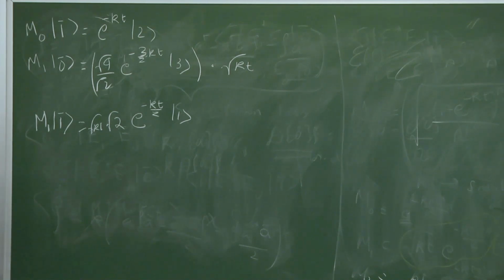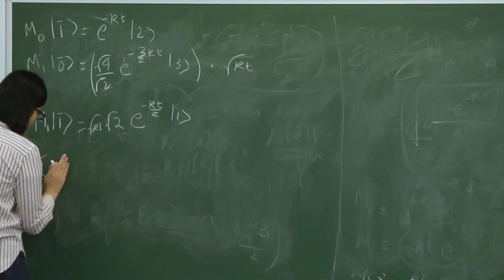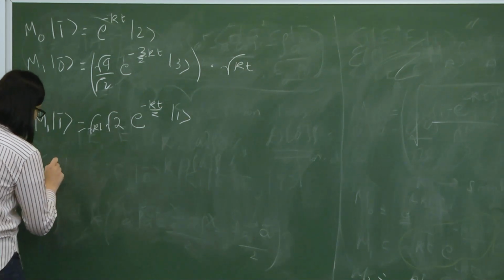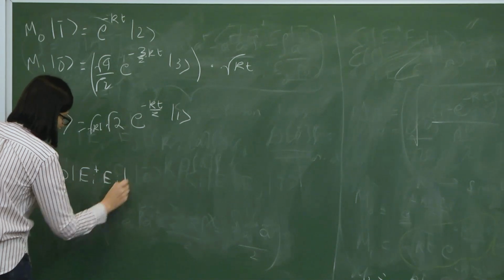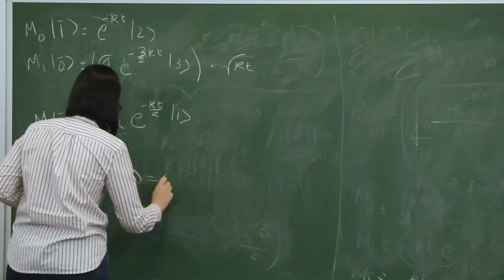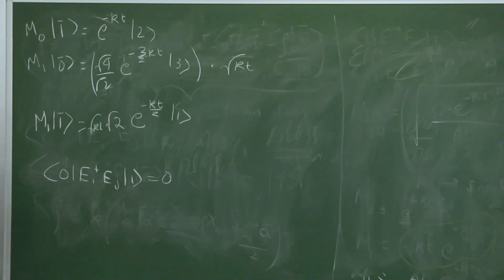Okay, so now let's see if the error correction criteria are satisfied. So remember, the first thing I want to check is that, okay, what was the error correction criteria? It was that I want 0, EI dagger, EJ, 1 to be 0, right? And that is actually true over here. You see this has only even photon numbers in it, even Fock states.